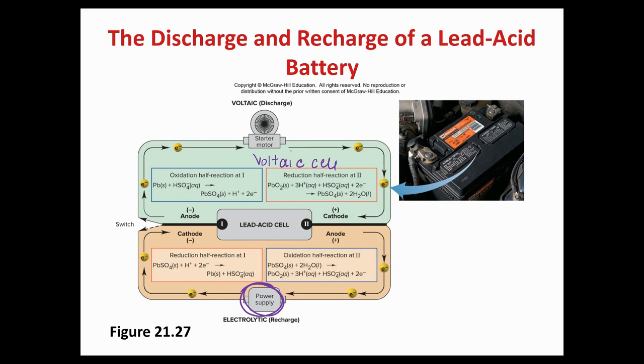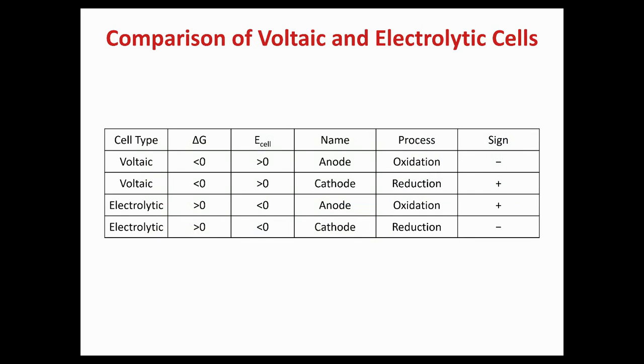And another place this comes into play is how we make elements from compounds. It's not shown here, but if you want to take, let's say, water and form its elements, we have to apply an outside current.